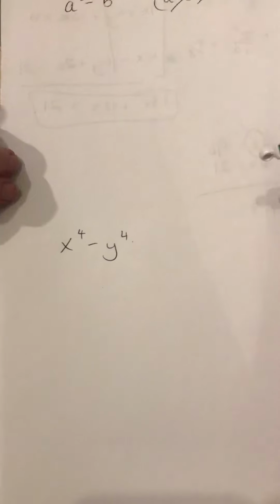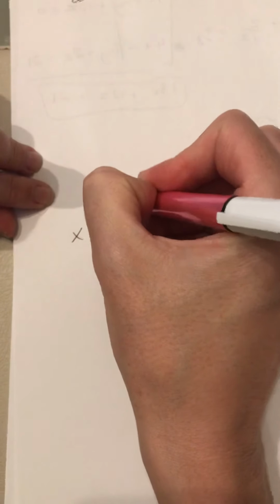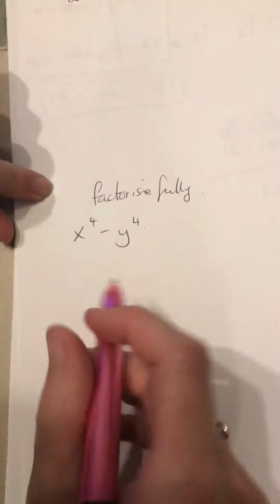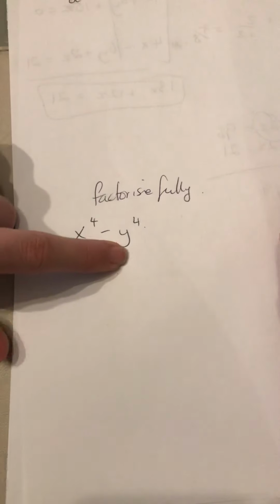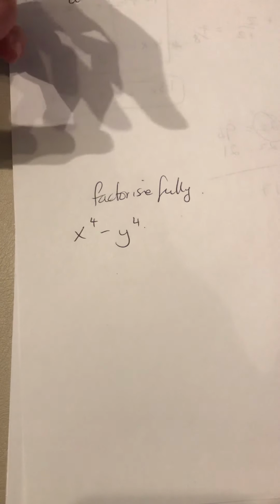So question 2 then was this. They wanted me to factorize this fully. So for me, it's not common factor. It's not actually jumping out to me what it is. It's not grouping.